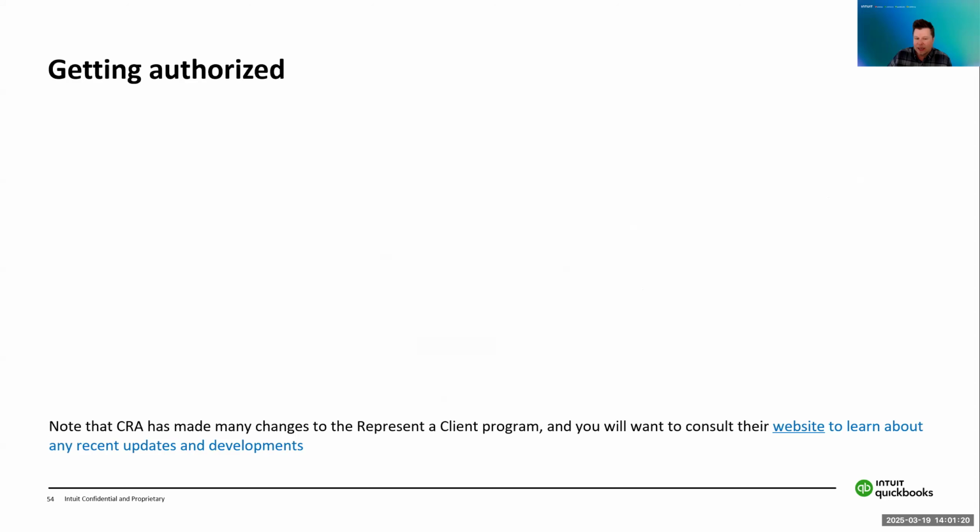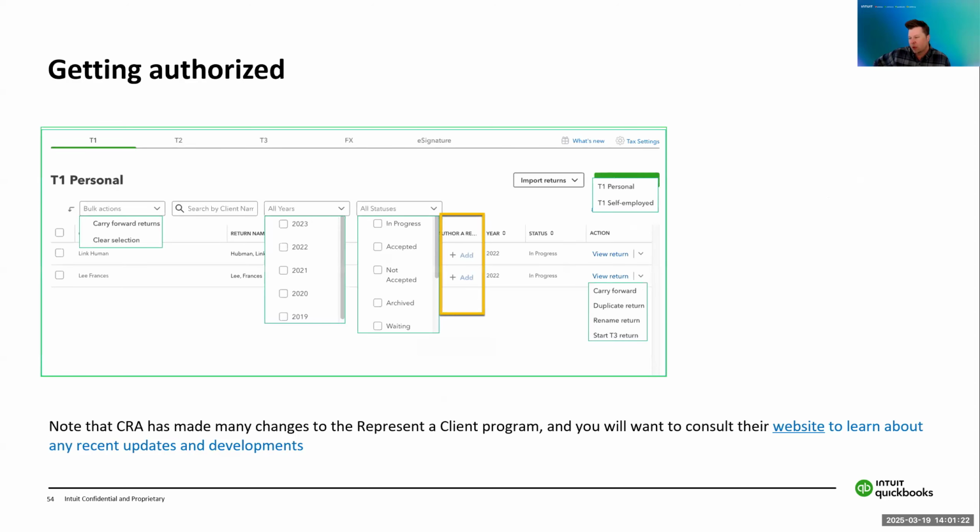In the T1 environment, you have the ability in ProTax directly to print out the form for your client, have them sign it, and then get authorized directly through ProTax. So the benefit, again, of being authorized is that then you can go to the CRA's website and see all the information that the CRA has on your client. And that's historical information as well. So it is a really, really handy function.